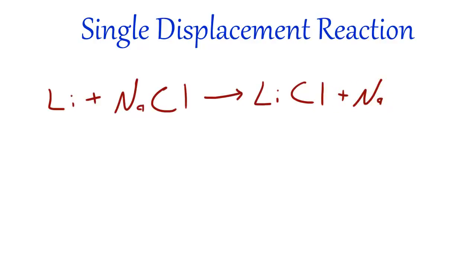If we take a look one more time, the sodium got replaced by the lithium, and that's all that happened. It's because lithium is the more active element that it replaces the sodium and bonds with the chlorine instead. And we don't even need to balance this because we just have one of each. So there's your balancing right there.